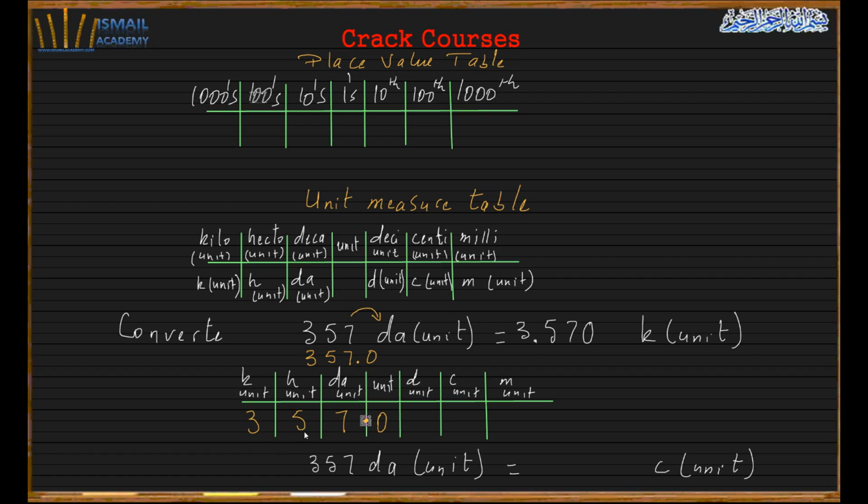So I have 357 deca unit. So I write down this one in the table like this, and I want to know how many centi unit I have here. So this means I need to move this one to the centi unit, which is here, and whatever empty spot I have here, I put zeros. So this means I will have 357,000 centi unit.